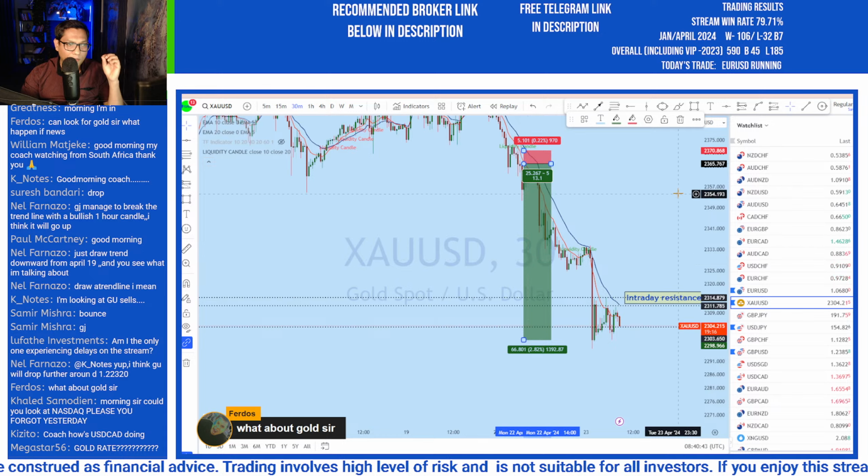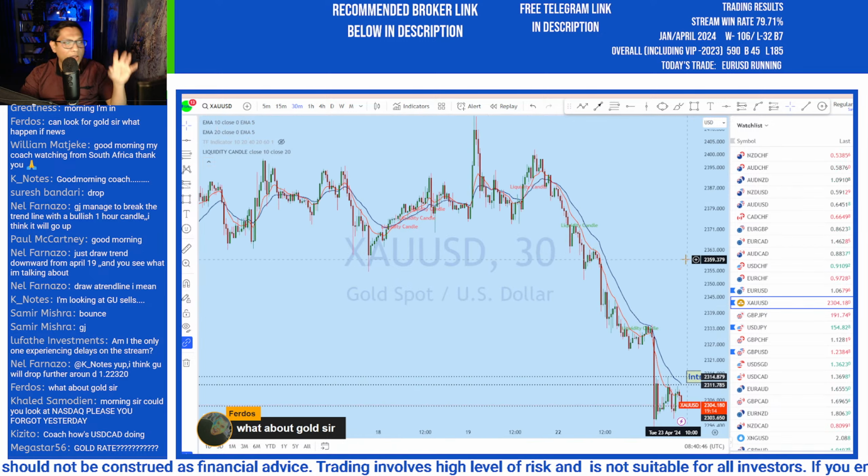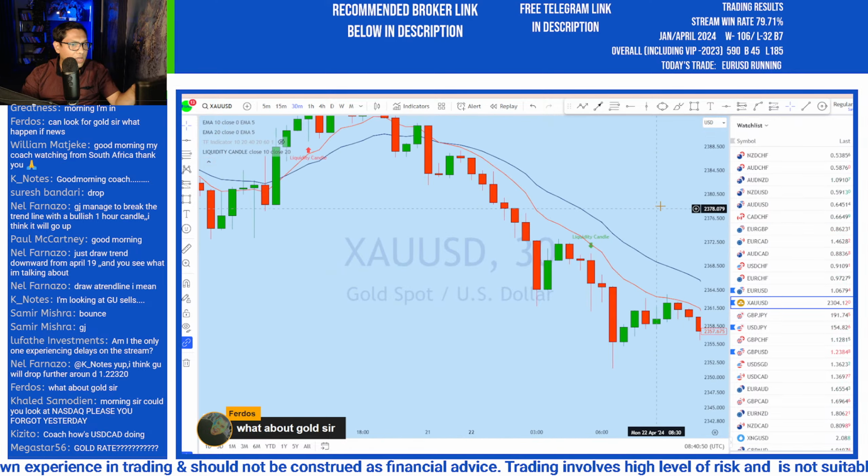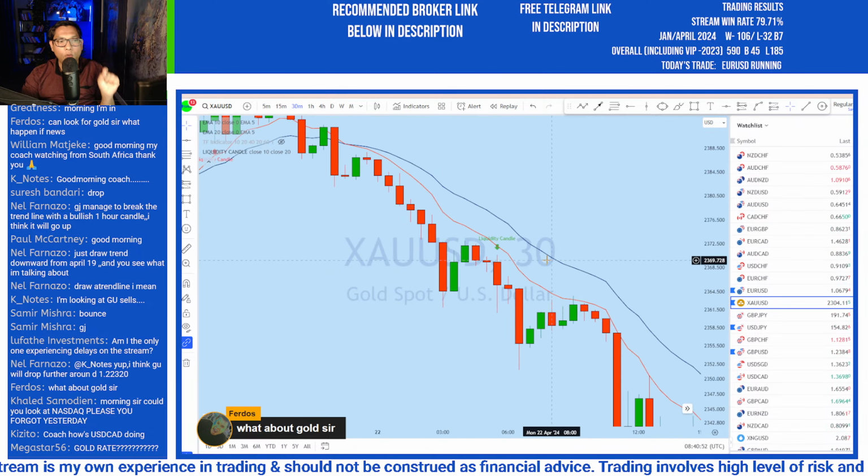The best back-tested way to get the best result from the liquidity candle is to always keep a 5-to-1 reward to risk with proper risk management, guys.